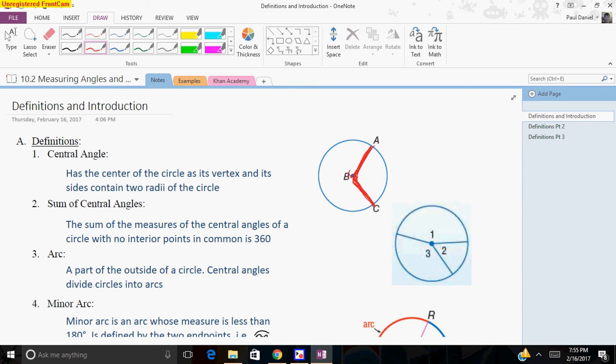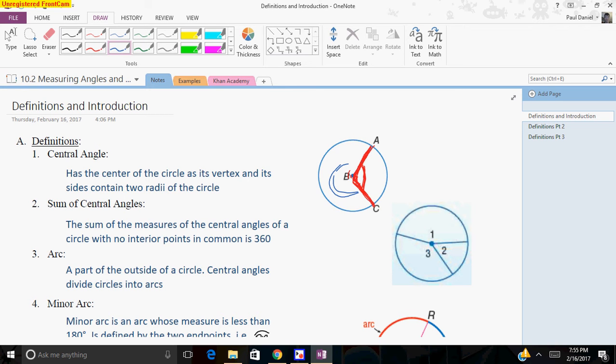We can think of this central angle as the smaller angle, or we can think about the central angle being this larger angle, the one that's larger than 180 degrees. Both of those are central angles of the circle B, because the center of the circle is the vertex, and the two sides of that angle are radii of the circle.